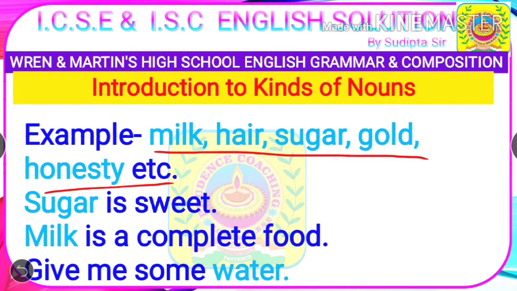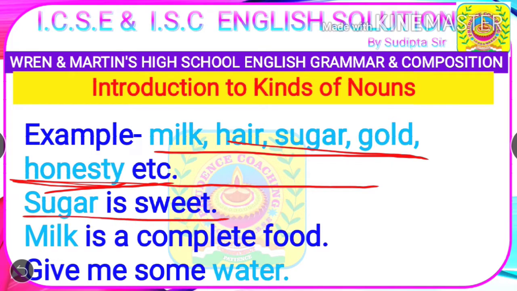We cannot count the sugars as well. So in this way these things are all part of uncountable noun. And the abstract nouns are also used as uncountable nouns. It is used in sentences such as "Sugar is sweet," "Milk is a complete food," "Give me some water." So in these sentences, the highlighted words colored sky blue are uncountable nouns.